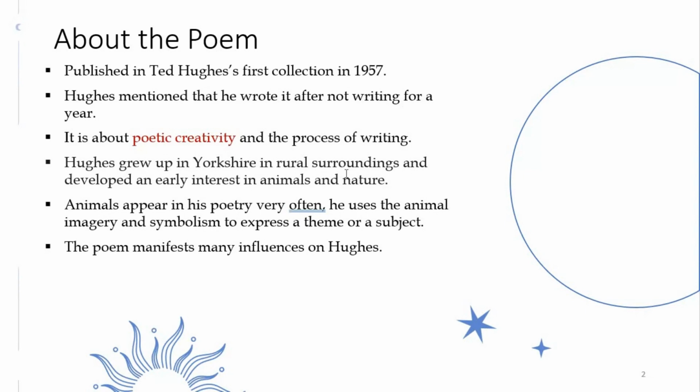So for Hughes, what is the reason behind this? It seems like an obsession with animals, because we can find so many examples of poems written by him including animals. It's because he was himself raised in rural surroundings, and in the early years of his life, he used to be a hunter, going as a sport, of course.